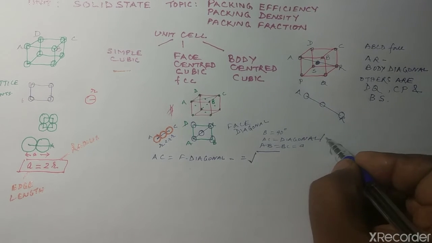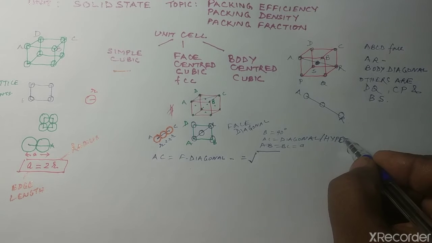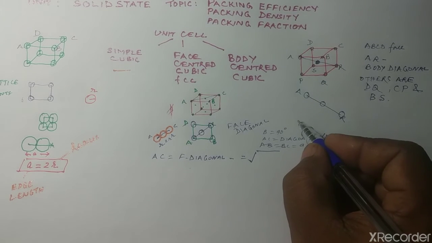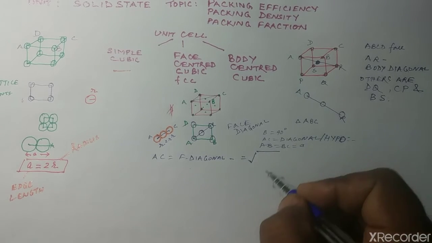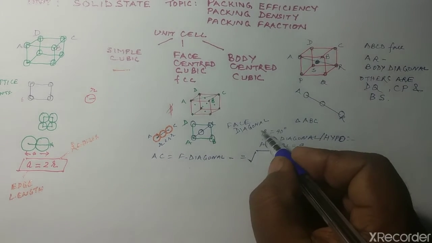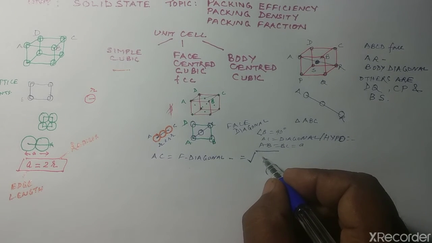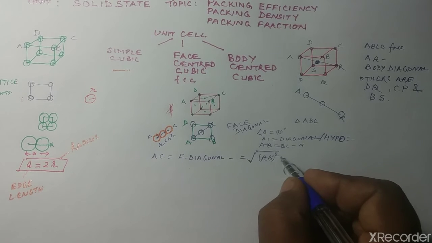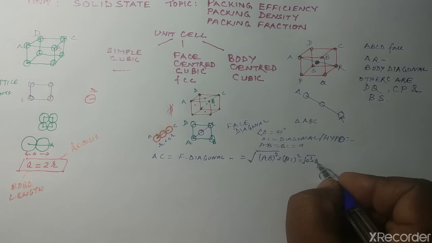We are taking ABC, a right angle triangle, where B is 90 degree. AC is the hypotenuse, so AC square equals AB square plus BC square, which is A square plus A square.